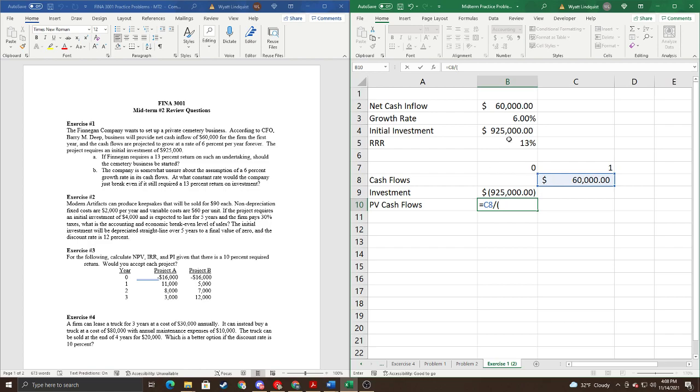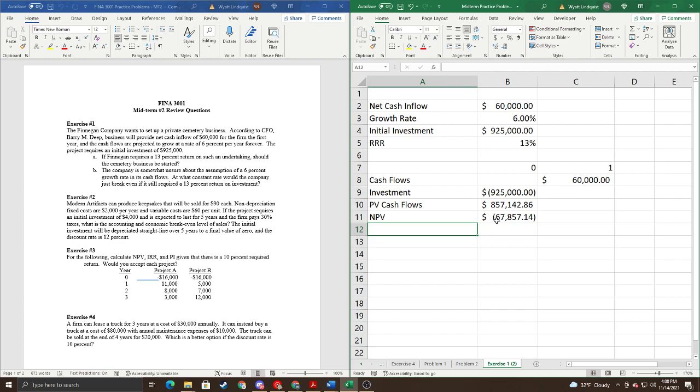Then the required rate of return, which is 13%, minus the growth rate, which is 6%, gives us a present value of cash flows of $857,000 and change. And then we'll just do the NPV here, which is the net present value of this investment, and that's going to be the sum of these two together, which will give us that the NPV is equal to almost $68,000.